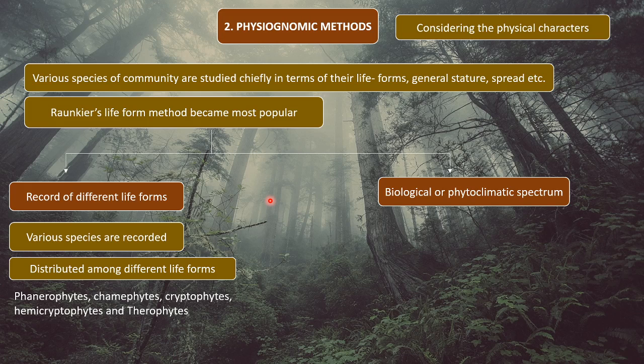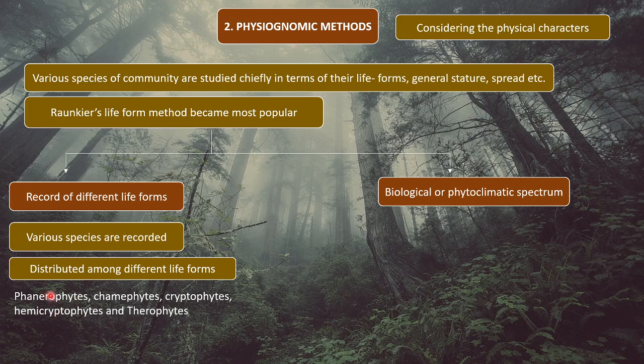Now in the same area I might see that there is some cactus species present. I'll list down the cactus name, and based upon its characters identify that it is a therophyte, and I'll list down that this cactus is a therophyte. And like this, there could be n number of species in an area, and those species belong to certain life forms given by Raunkiaer.